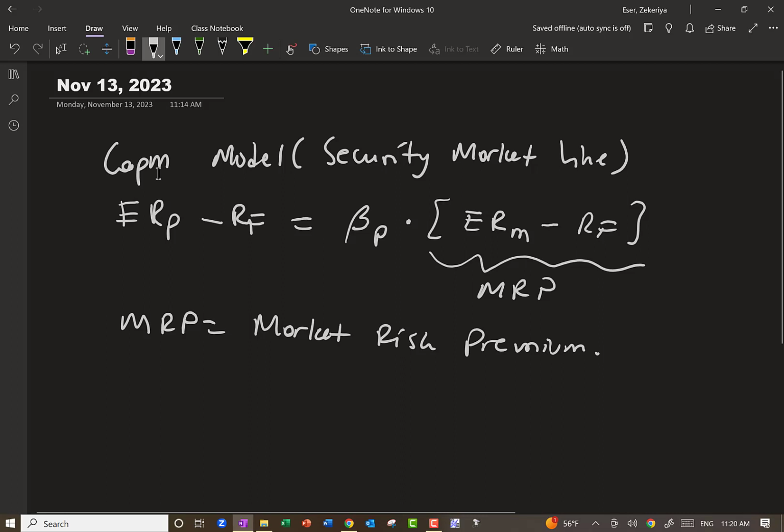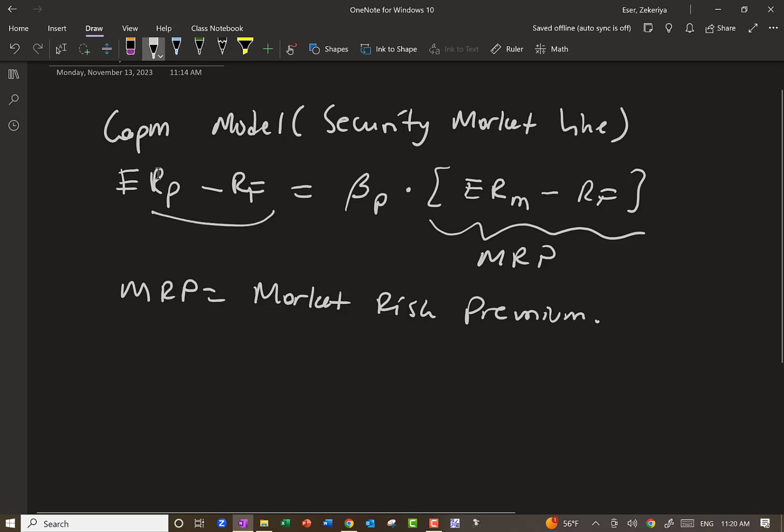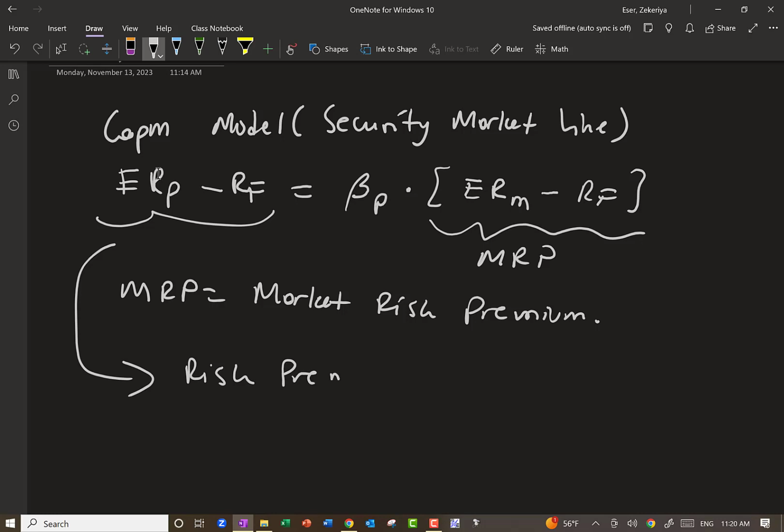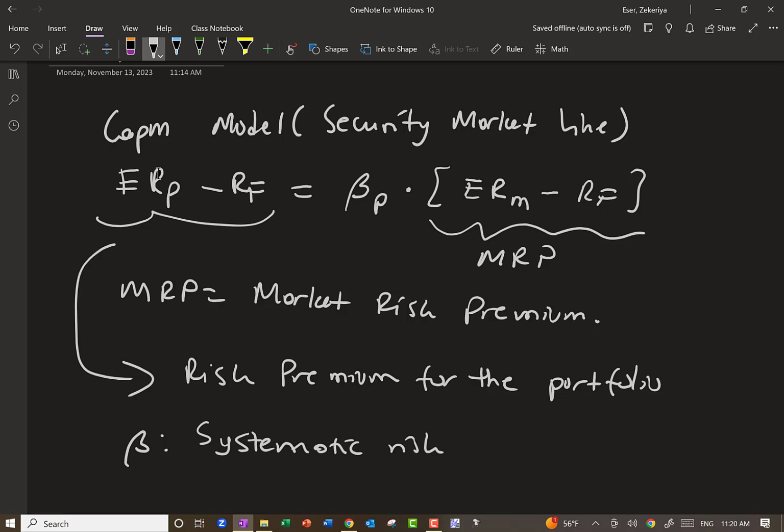Theoretically, that refers to all the assets that are possible, the bonds, the stocks, but in practice, those betas are calculated typically against something like the S&P 500. And this portion is called the risk premium for the portfolio. And beta is known as the systematic risk coefficient.